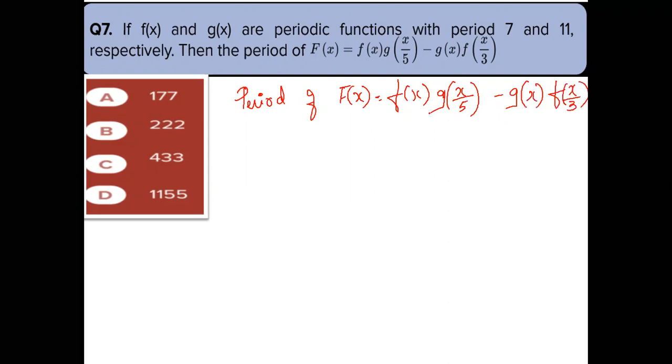For a multiplication of two functions, we find the period by multiplying the periods. The period of f of x is 7, and the period of g of x by 5 is 55. What is 55 into 7? It is 385. Correct?